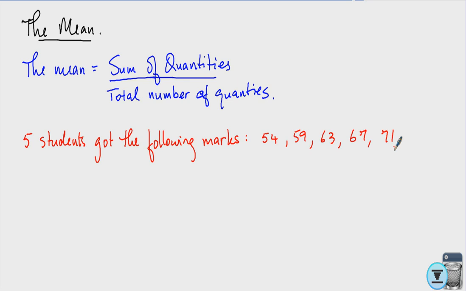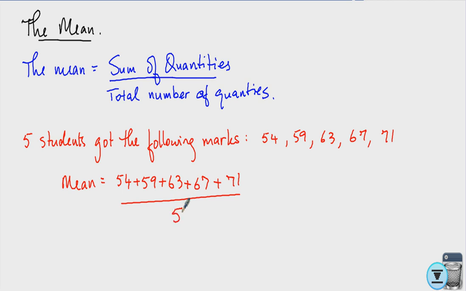I have ordered them from small to large, so we can work it out quite easily. So what was the mean mark? The mean mark is the sum of quantities, so 54 plus 59 plus 63 plus 67 plus 71 divided by the total number of quantities, and we have 5 quantities. Okay, so that's how you would find the mean.